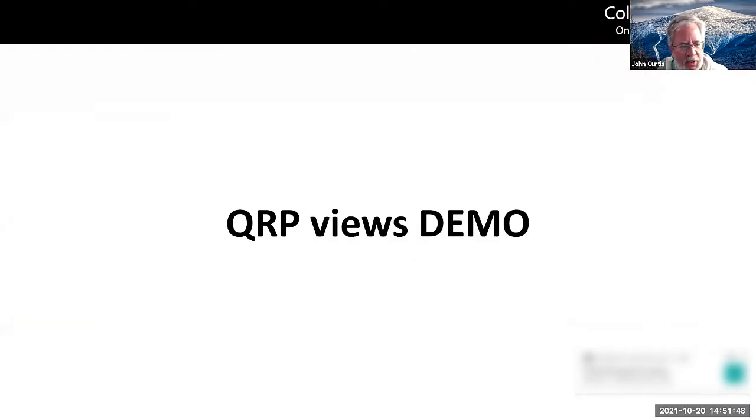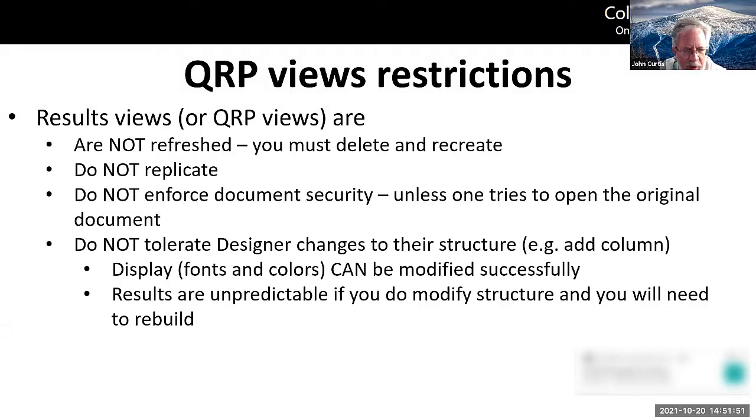Okay. So results views, the QRP views are not refreshed. You must delete and recreate. They do not replicate because we do not have the data around to do so. You created them programmatically. We don't have the logic you did with that. We could provide it, and if you want this, please specify it. They do not enforce document security unless one tries to open the original document. Then you can't. So the document data shows up in the view, but you cannot open it. We will enforce it at that level.